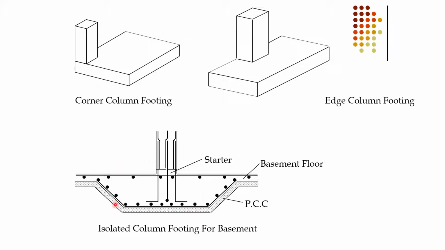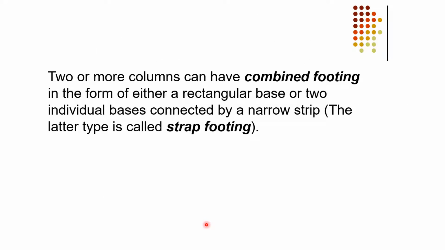At that part we will increase the thickness of the foundation, and the rest of the basement floor will remain at its thickness. For example, that is 200 millimeter, but the foundation thickness is 600 millimeter. So that's how we provide the isolated footing in basements.